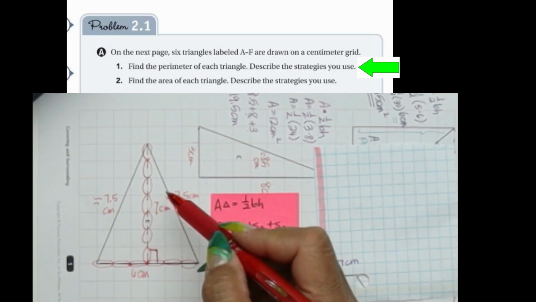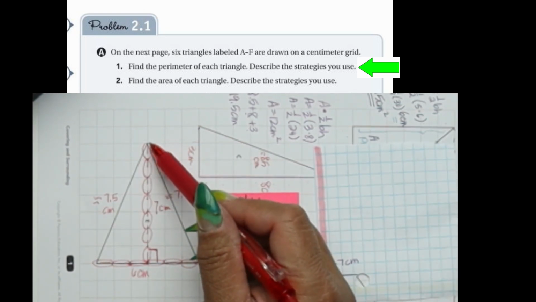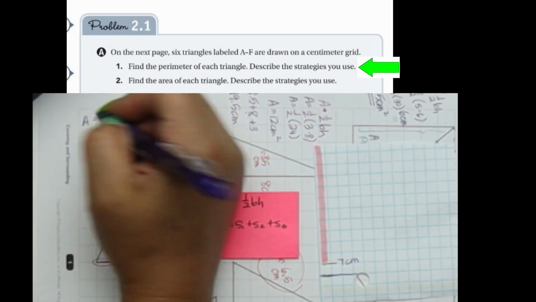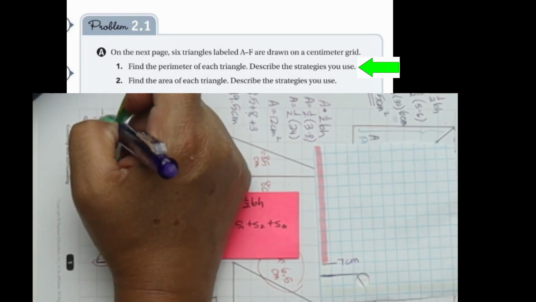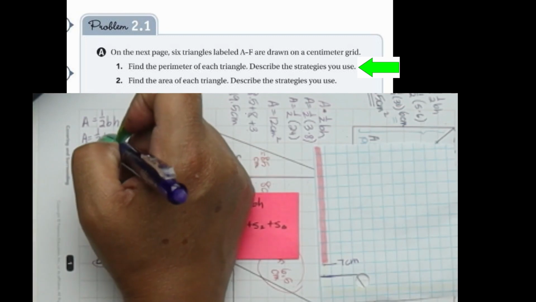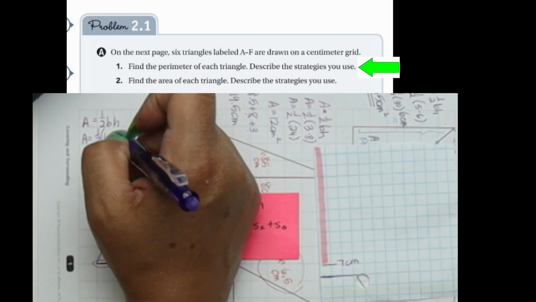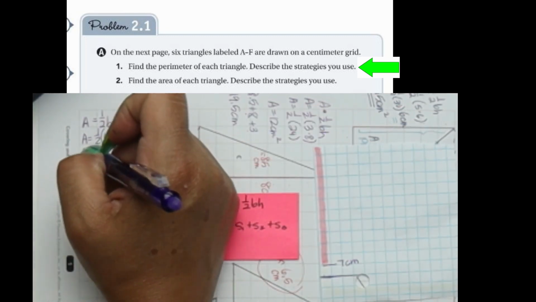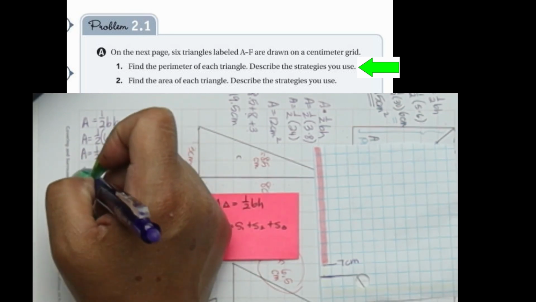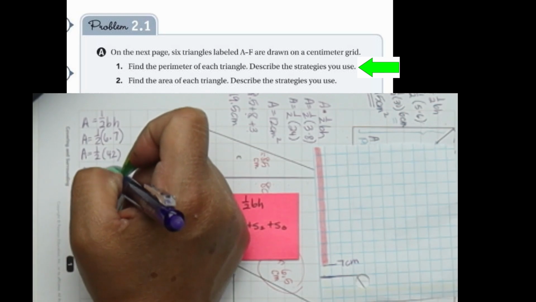In my opinion. To find the area, I need to multiply half of the height and the base and the height to find the area. So here is area equals 1/2 of the base times the height. Area equals 1/2 of 6 times 7. Area equals 1/2 of 42. And half of 42 equals 21 centimeters squared.